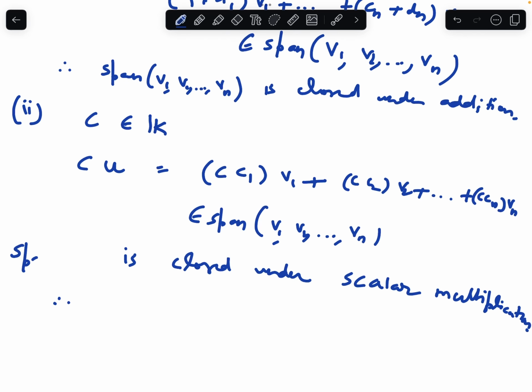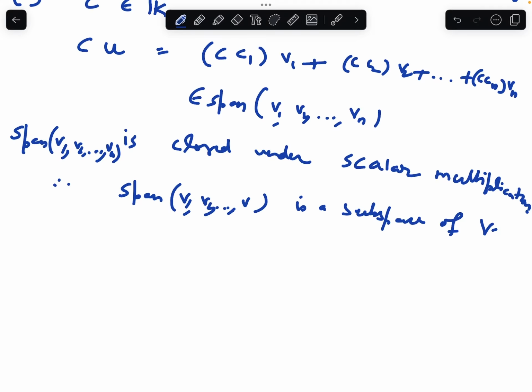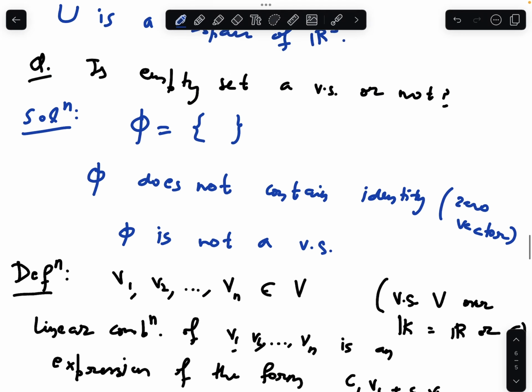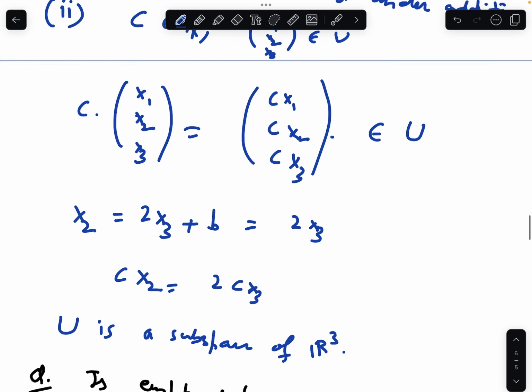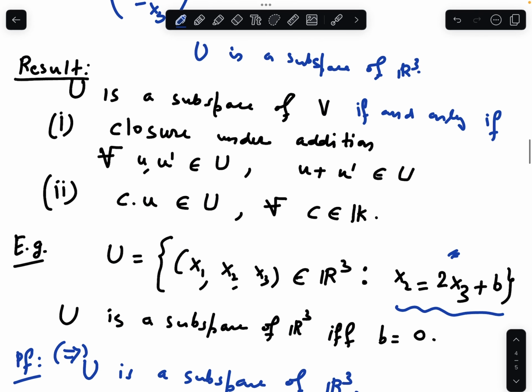Or by U I mean span. So span of V1 to Vn, right? So span is a subspace of V. So you see how powerful this result is. This result is so powerful, right?